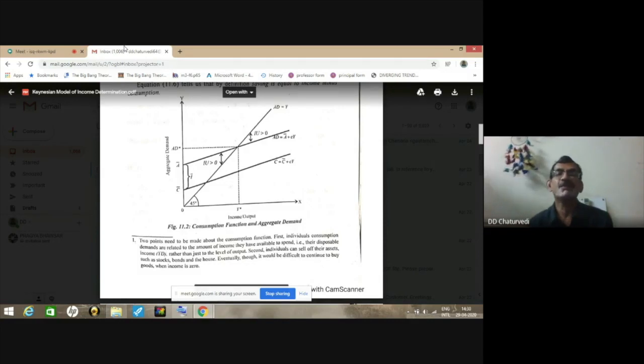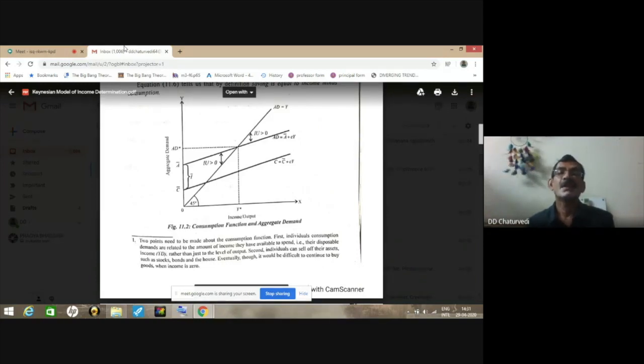Below the equilibrium point, unplanned inventories will be negative, which is incorrectly shown as positive in this case, and unplanned inventories will be positive to the right of the equilibrium point.